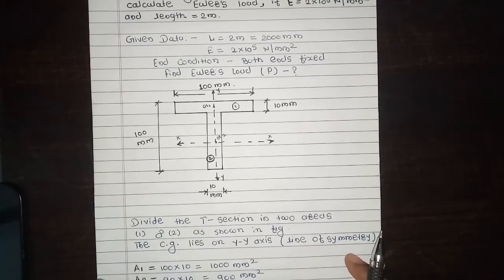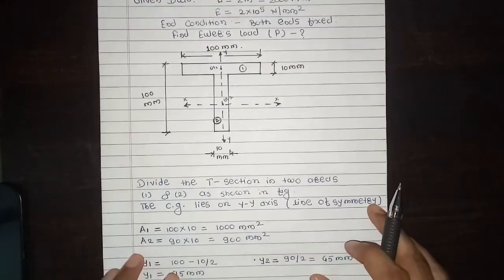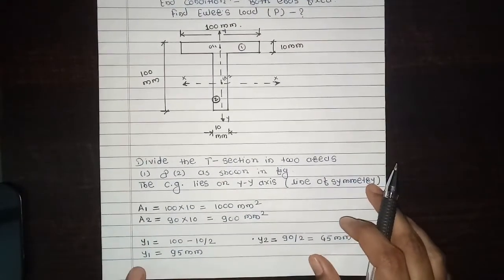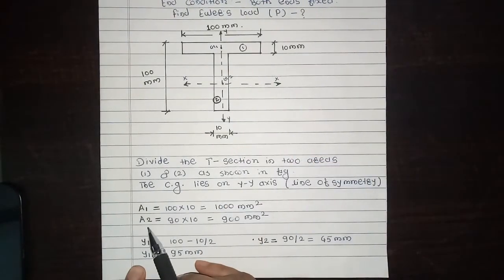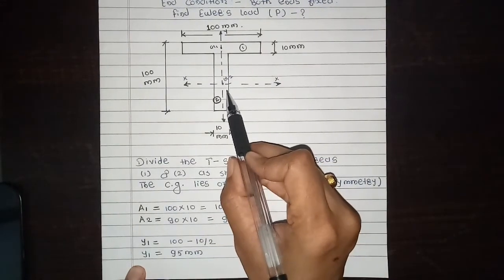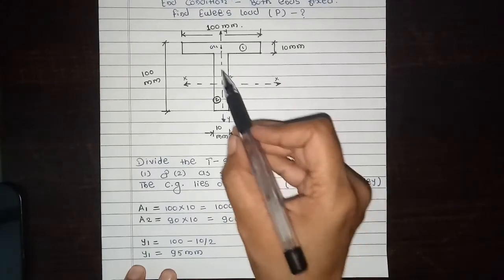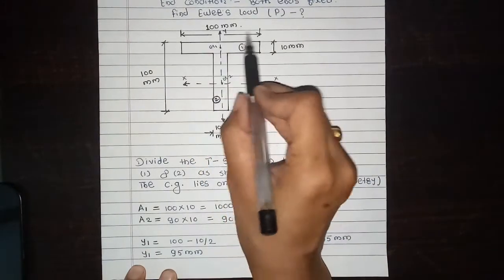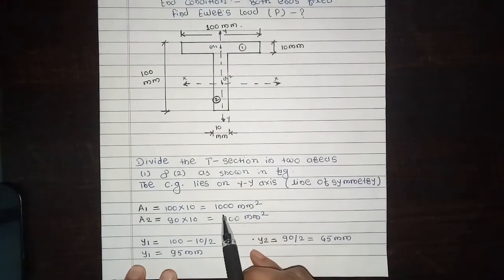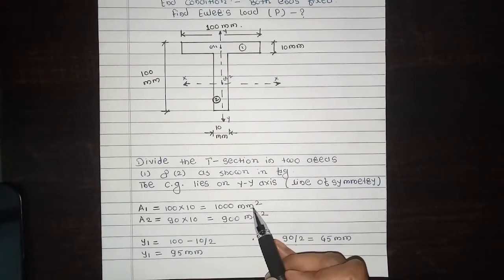First of all, we have to calculate area A1 and area A2. A1 is the area of the first section and A2 is the area of the second section. Area of rectangle is B into D, so 100 into 10 mm, then we get 1000 mm square.